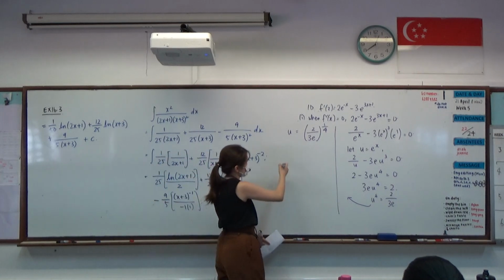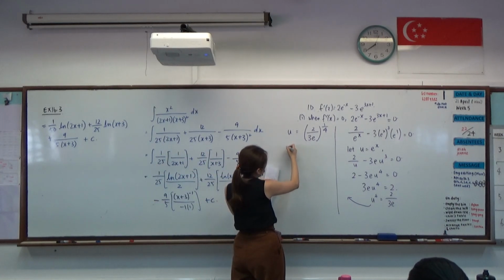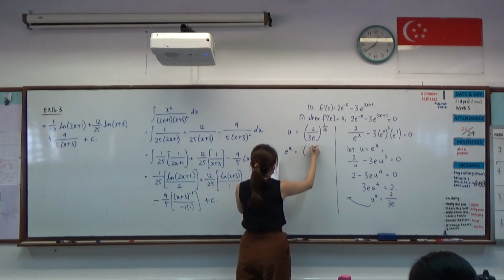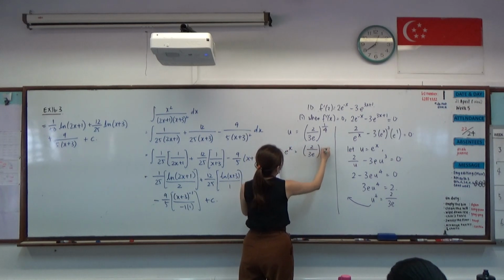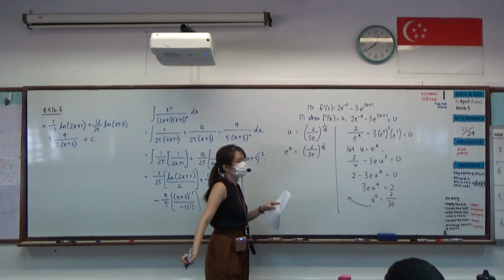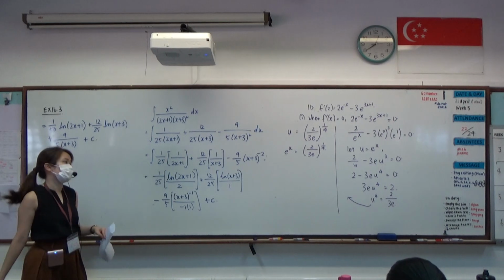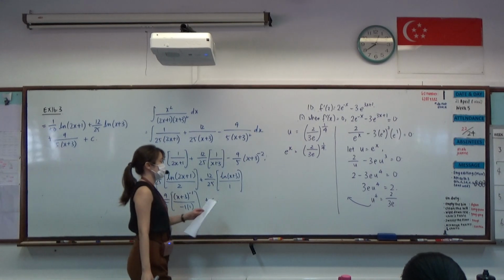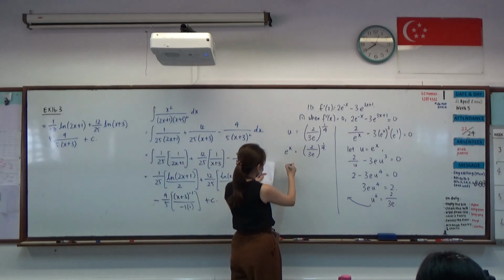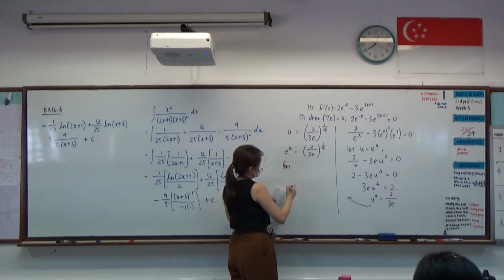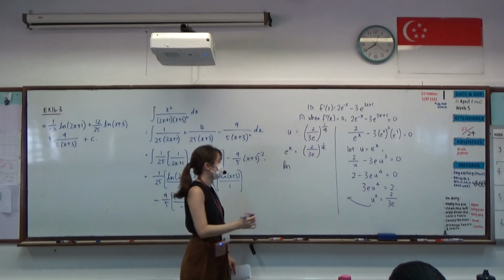Okay? So because u is actually e to the power x, we are saying it as e to the power x equals to 2 over 3e to the power 1/4. So change into logarithmic form.